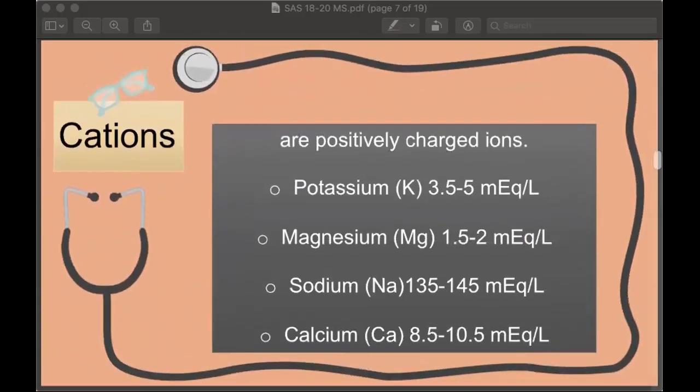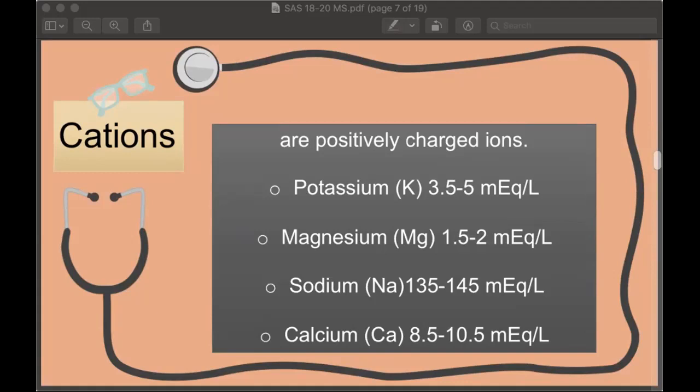Cations. Whenever you hear or read this word, it's automatic: you know that it is positively charged ions. And we have here examples of cations. I want you to remember the normal values as well as the functions of these. Now let's start with potassium. The normal value is 3.5 to 5 mEq per liter. Now, what is potassium all about?